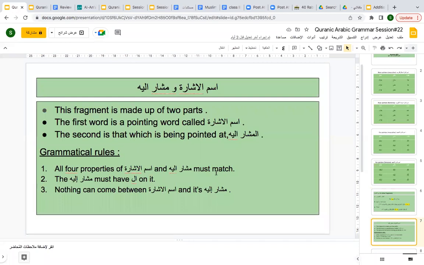That's the point that you have to remember. It can be raf, nasb, or jar, but since haza, zalika, haulai, ulaika, hazehi are non-flexible words, they will always end in the same way.